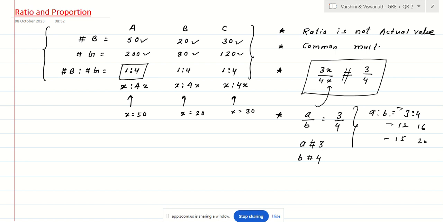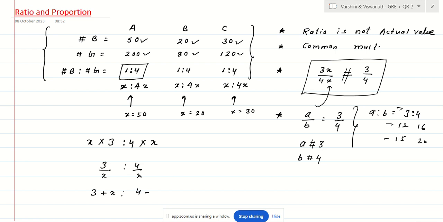Right? So these are the points you should keep in mind. And also one point you should know: let's say the ratio is given 3 is to 4. I can multiply by the common multiplier, correct? I can also divide by a common divisor, right? But I cannot add.